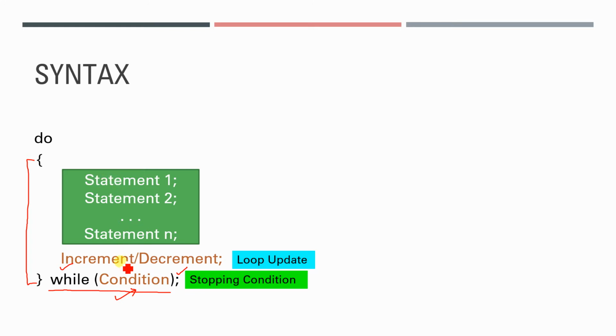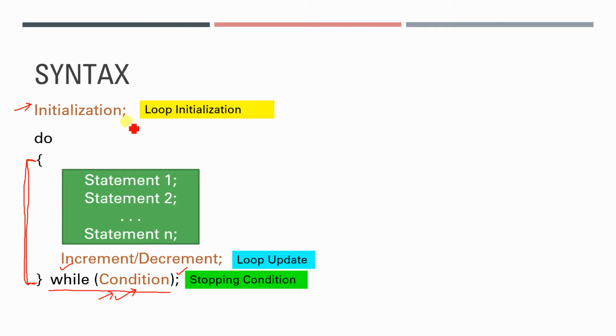But before you start the execution of these statements, you need an initialization line, which is called loop initialization. This initialization line is also mandatory because that will help the entire section to execute multiple times. So whatever statement is present inside these curly braces will be executed until and unless the condition becomes false.